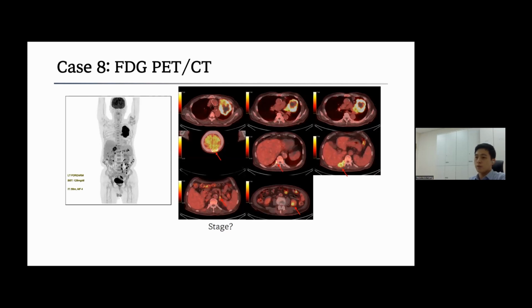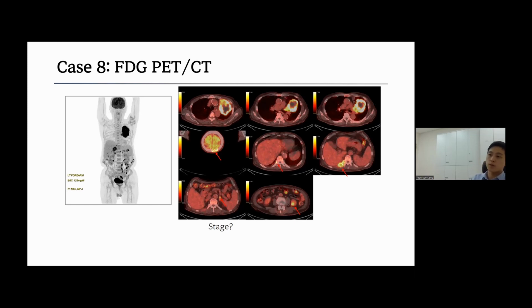And hypermetabolic lymph nodes are observed in the left lung hilum and station 5, suggesting N2 because of contralateral mediastinal node metastasis.